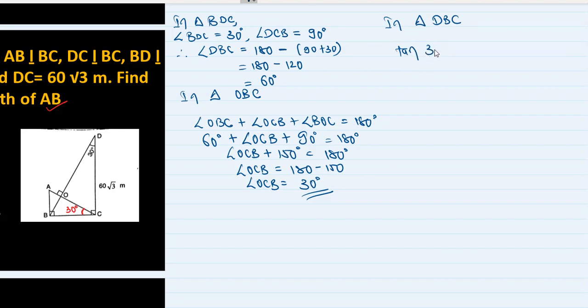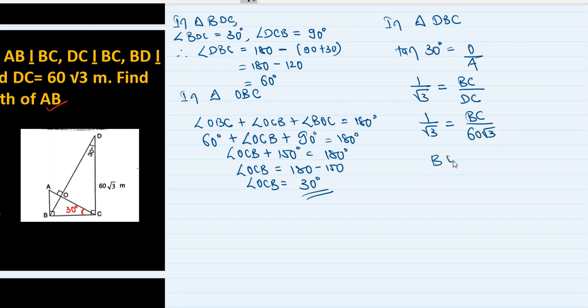So in triangle DBC, tan 30 degree is equal to opposite upon adjacent. Tan 30 is 1 by root 3. Opposite of 30 degree is BC and adjacent is DC. So 1 by root 3 is equal to BC is not known and DC is 60 root 3.